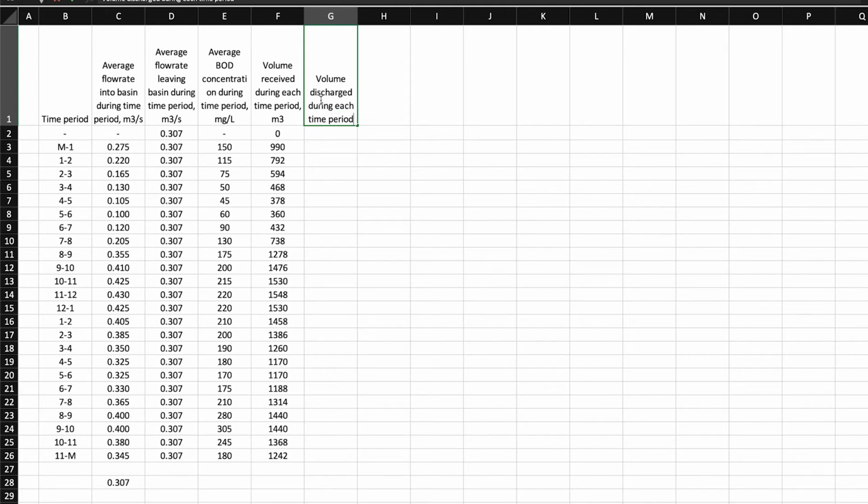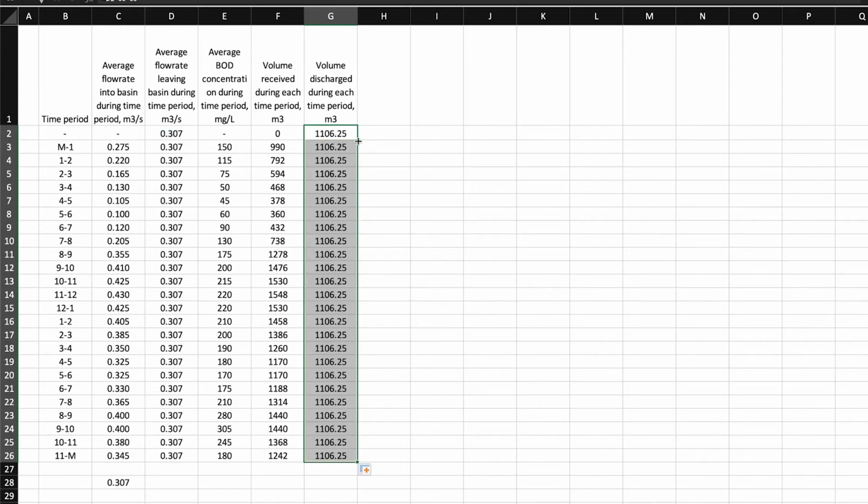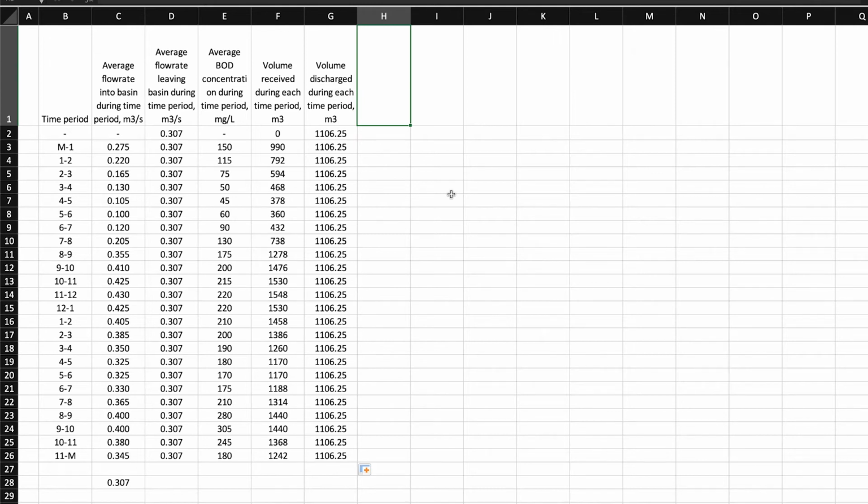Next thing we want to do is calculate the volume that's discharged during each time period. So that's going to be the same calculation, just we're taking the flow rate leaving the basin, 0.307, multiplied by 60 seconds in a minute and by 60 minutes in an hour. So that's going to be the same volume leaving the basin each hour.